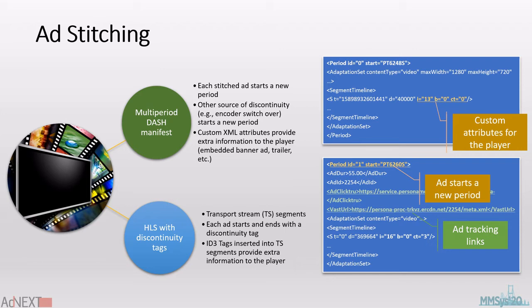Then the player may take extra action playing such segments, such as displaying a clickable link when those banner ads are displayed, or maybe preventing a banner ad that our system inserts from overlapping with an embedded banner ad, which would be an unpleasant situation for the advertiser. And for the HLS case, we use ID3 tags to insert this extra information for the player.